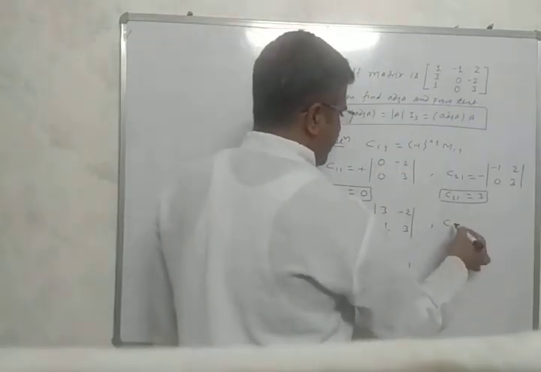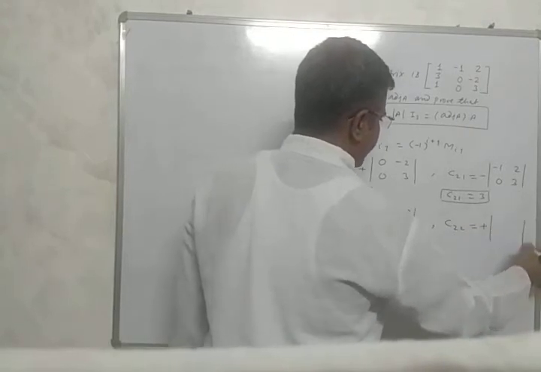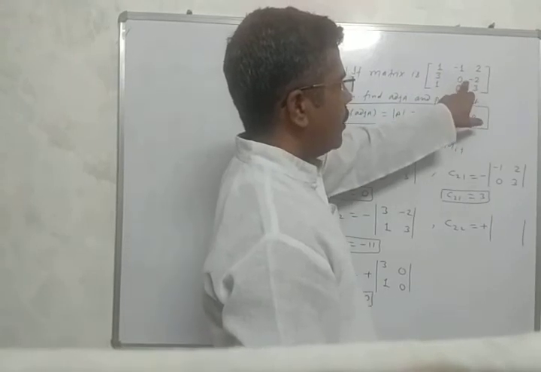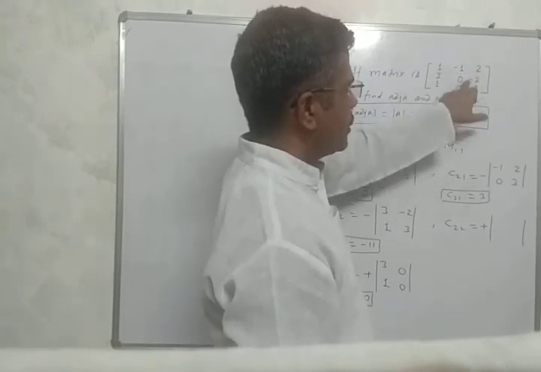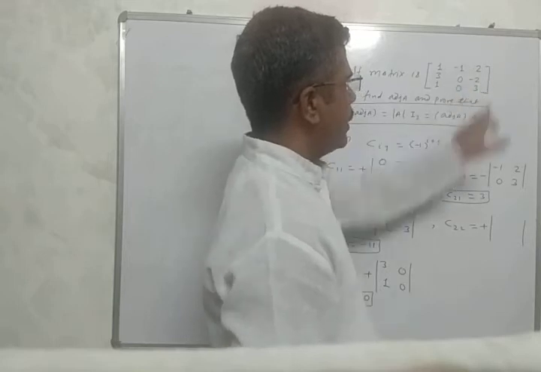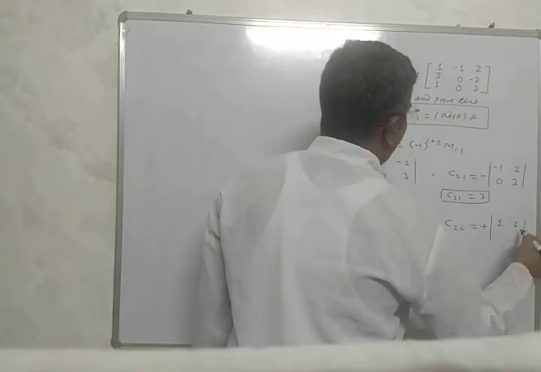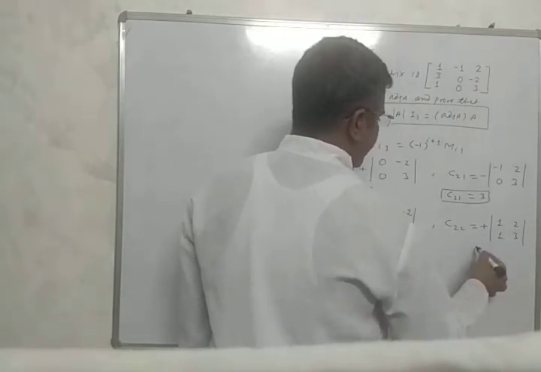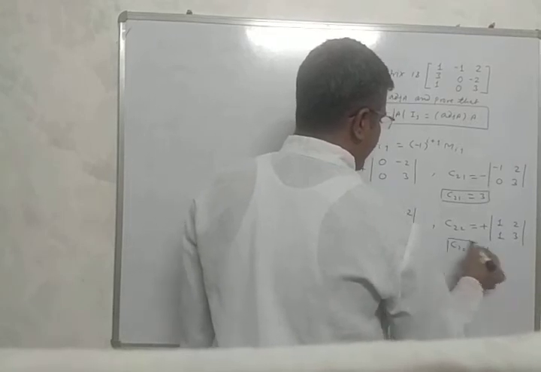Next C22 is positive. For this element C22, we find the minor: this column and this row are deleted. We have 1, 2 and 1, 3. 3 minus 2, 1. So C22 is 1.